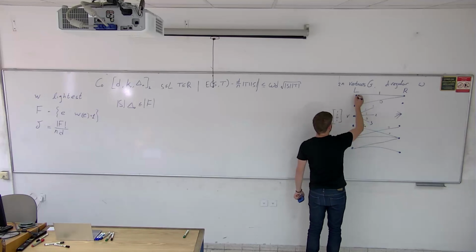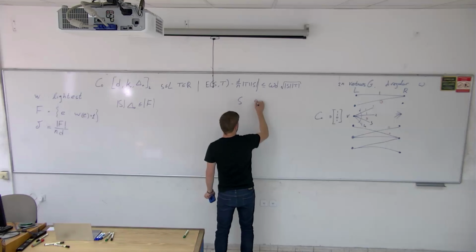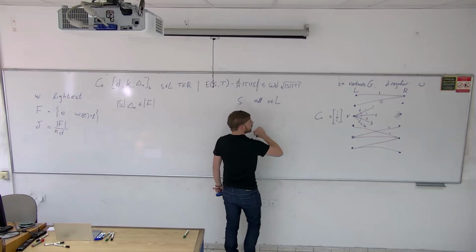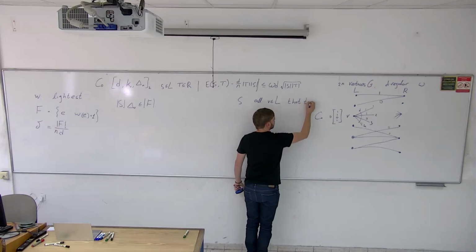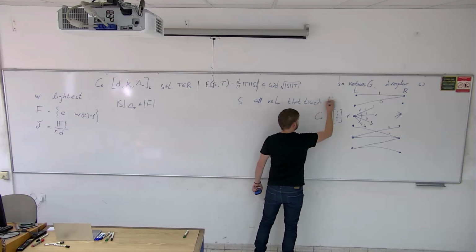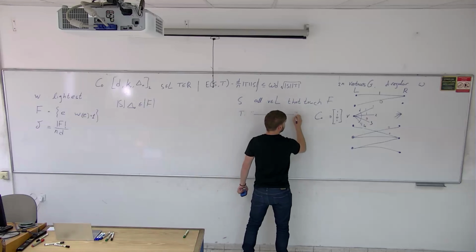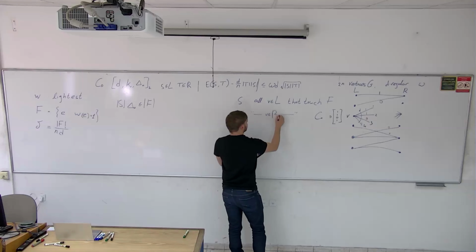So let us denote by S all vertices on the left that touch F, and T the same on the right.